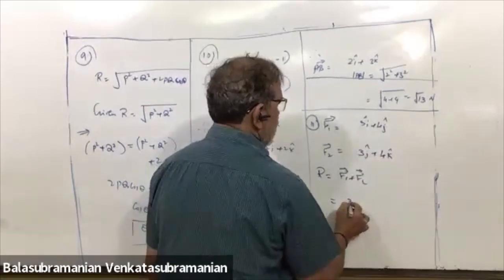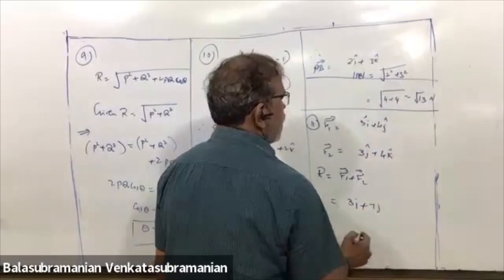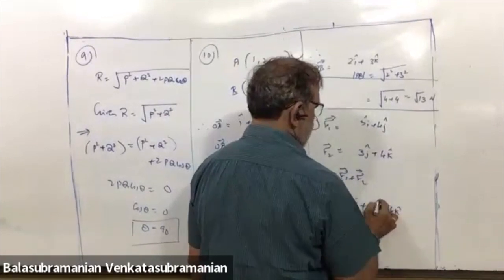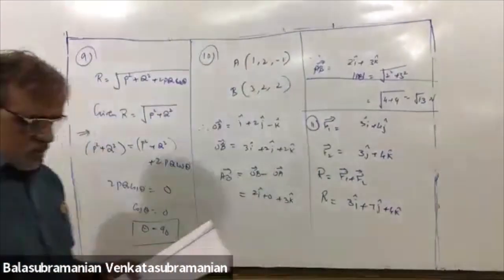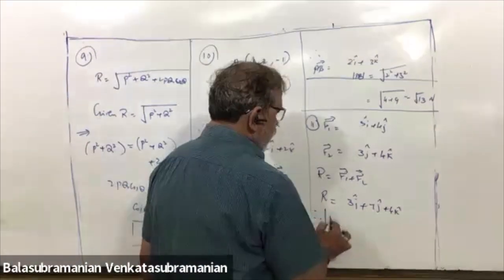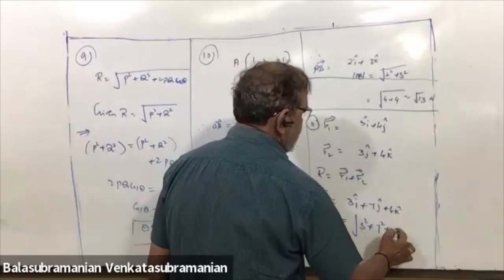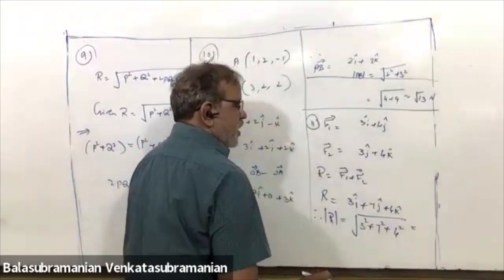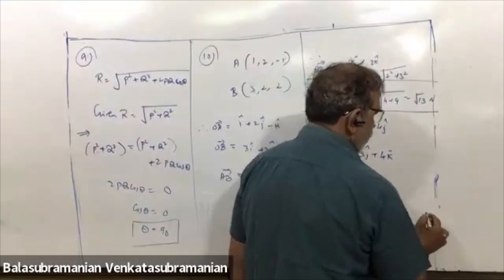So add 3i, 4j plus 3j, 7j, no k here, plus 4k. Magnitude you have to calculate. Therefore, magnitude of R will be root of 3 square plus 7 square plus 4 square. Root of 9 plus 49, 58 plus 16. Root of 74 units.